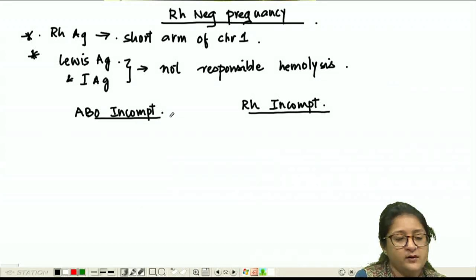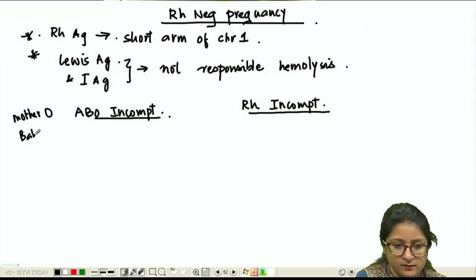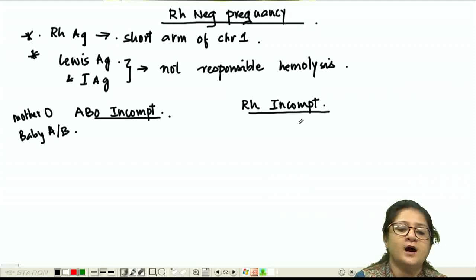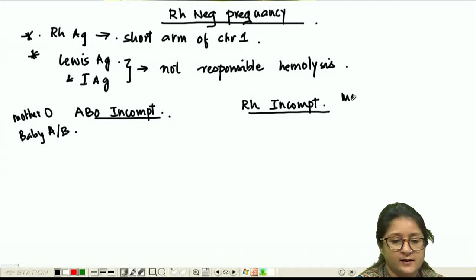ABO incompatibility means that the mother is O and the baby is, most of the time, A or B sometimes. Rh incompatibility means that the mother is Rh negative and the fetus is Rh positive.